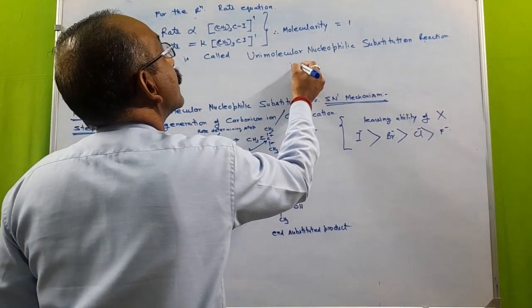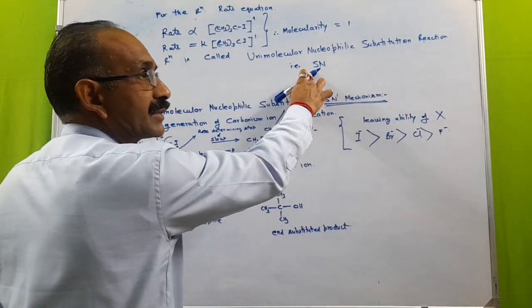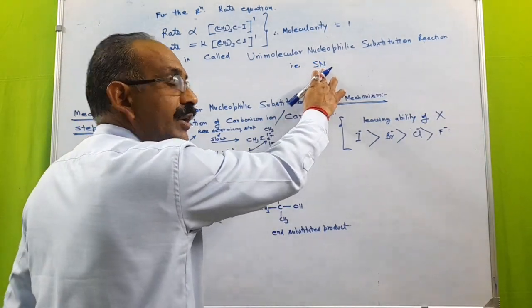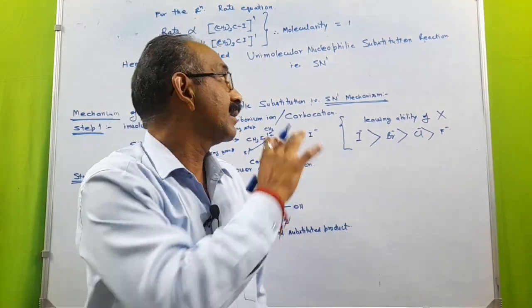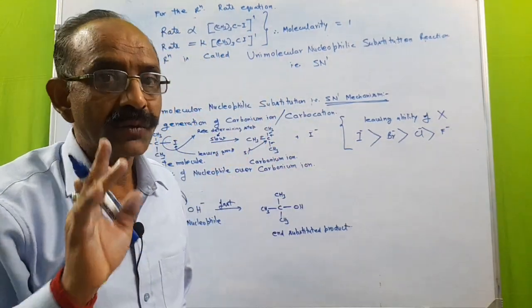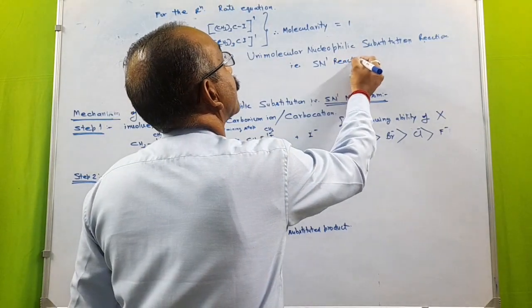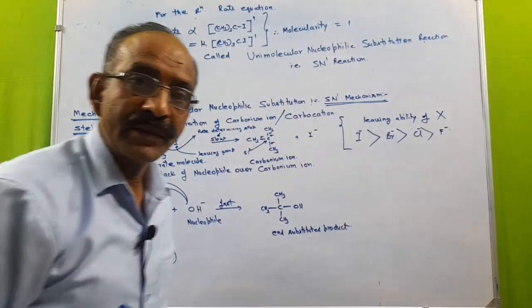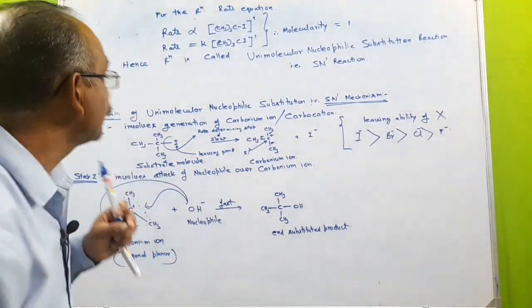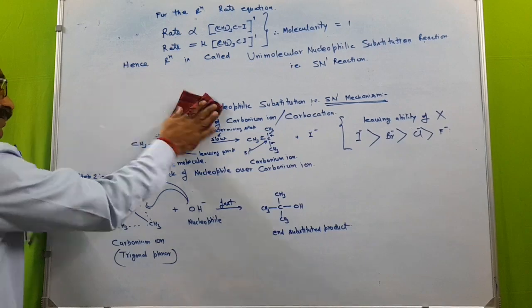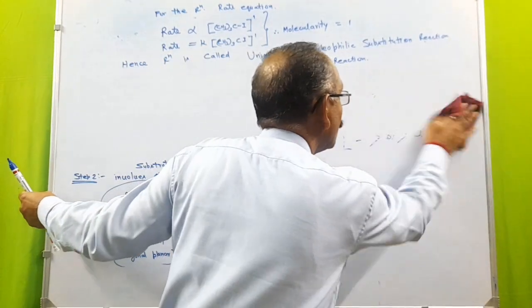That is SN1. S stands for substitution, N stands for nucleophilic, and 1 means here the molecularity is 1, SN1 reaction. Is it clear?